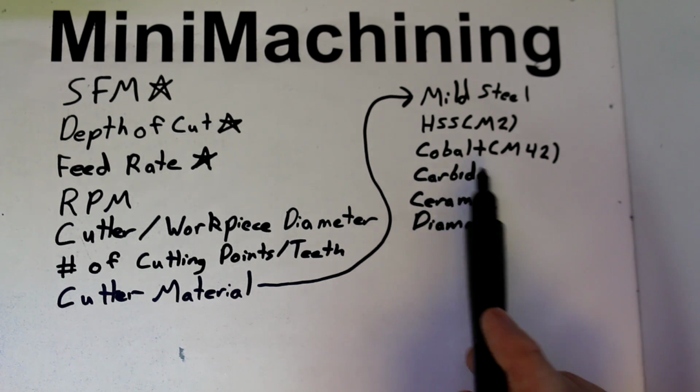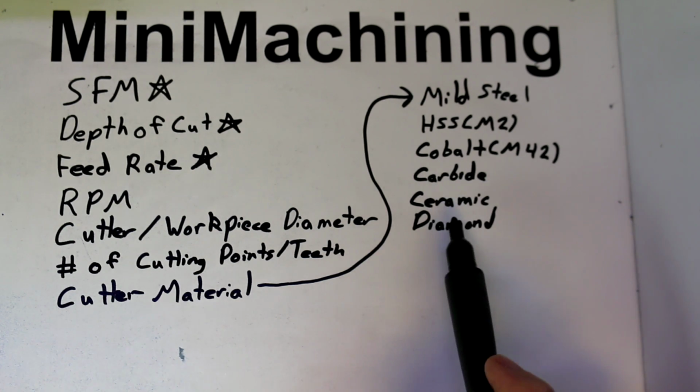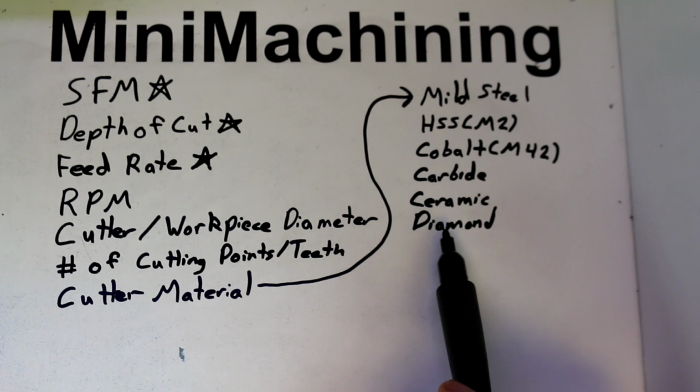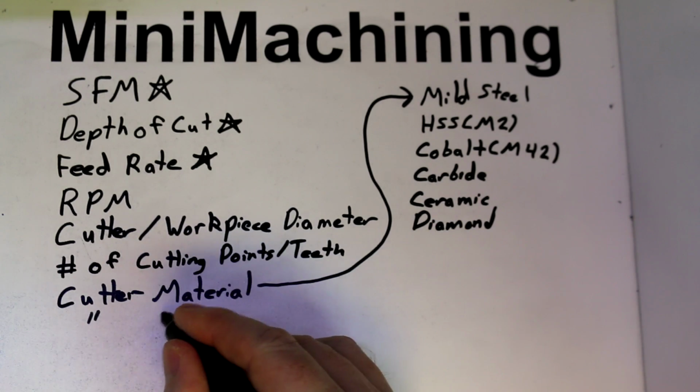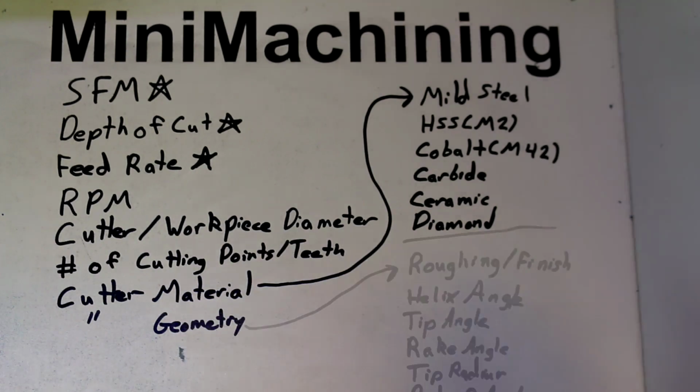But we can also generalize a lot of these things for our needs if we're not going for super specific. Then we also get into ceramic and diamond cutting materials if we're dealing with super alloys and things along those lines.